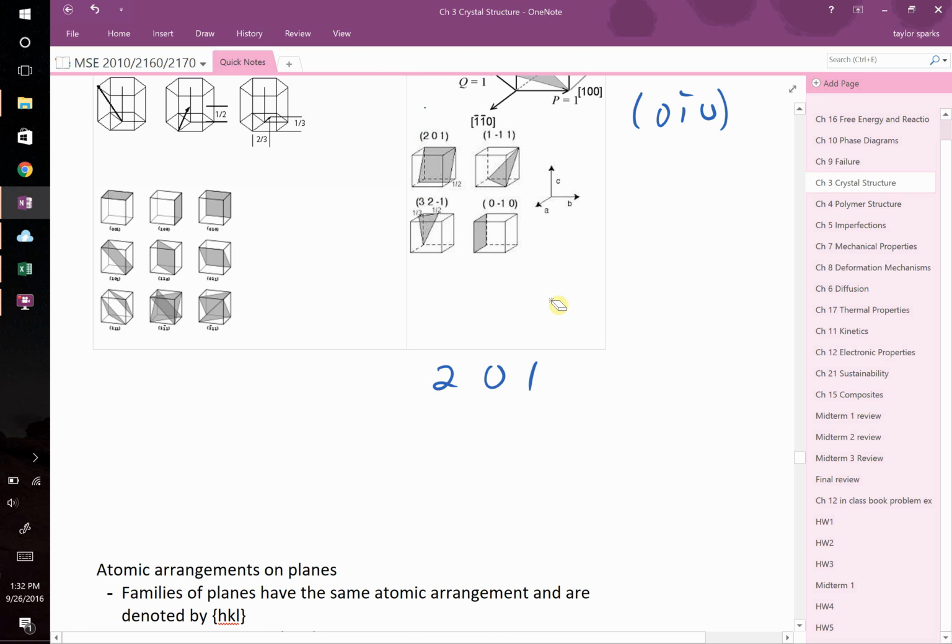So this makes sense? Can you go backwards? So with a neighbor, try drawing the 3, 3, 1 plane in a cubic system.